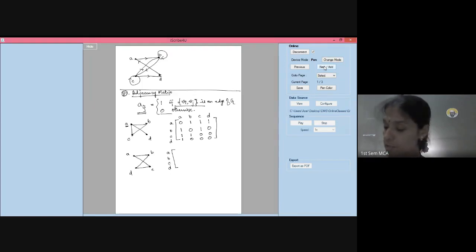For this graph, write the adjacency matrix. Done? Anyone?